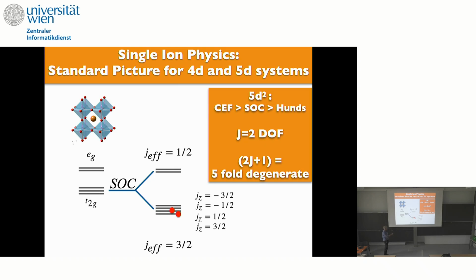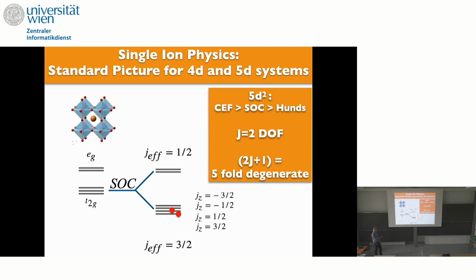We've got two electrons that are occupying the Jz equals 1/2 and Jz equals 3/2 states here. If you combine those two, you'll get a J equals 2 degree of freedom. And there's 2J plus 1, so a 5-fold degeneracy associated with this. So it's a lot like the normal d electron type physics.